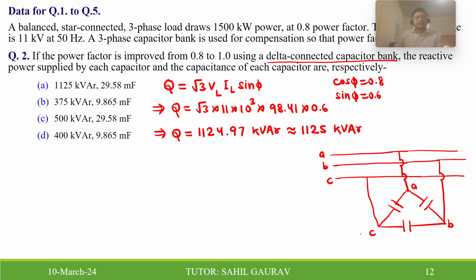So like this, here we can see that across each capacitor line voltage is appearing.